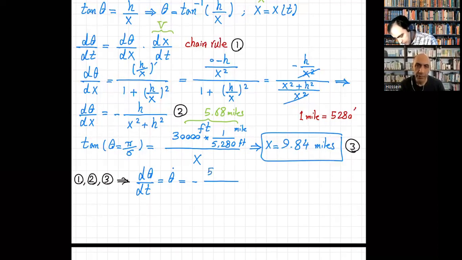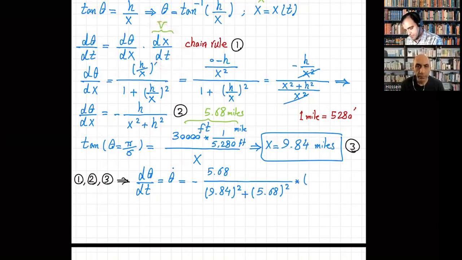We have 5.68 on the numerator, using equation number 2: 5.68 divided by 9.84 squared plus 5.68 squared, times the velocity.